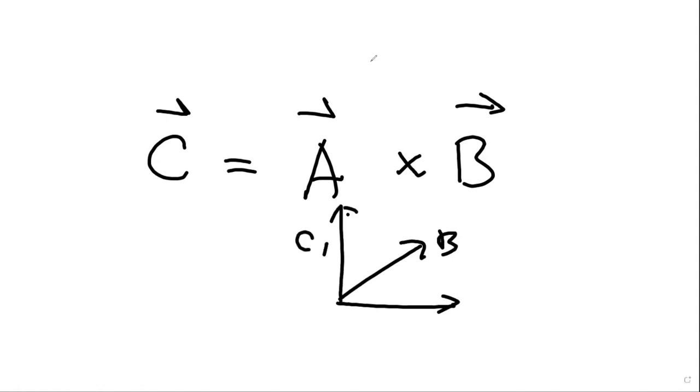To decide the direction, use your right-hand rule. Your right-hand fingers point this way, and your palm points this way. You cross from A to B, and you will see that your thumb is in this location. So that's the right-hand rule.